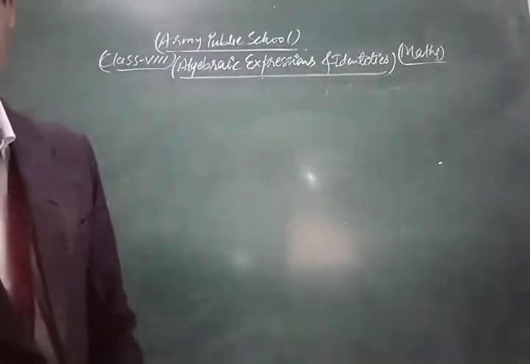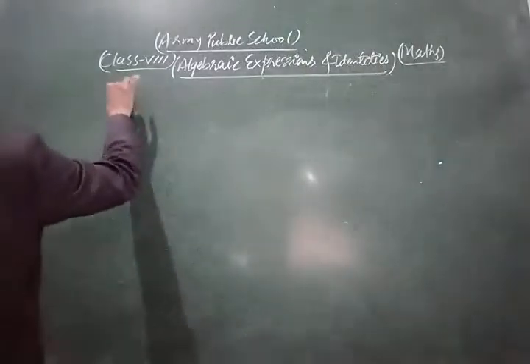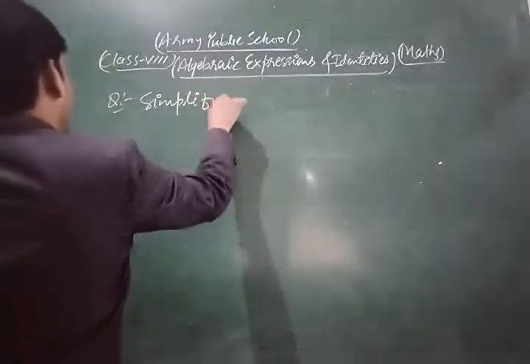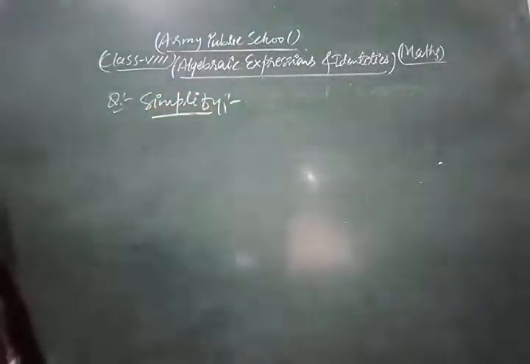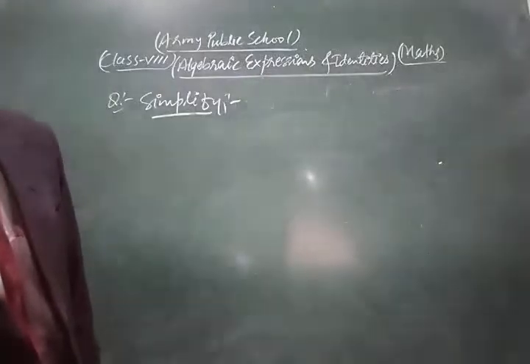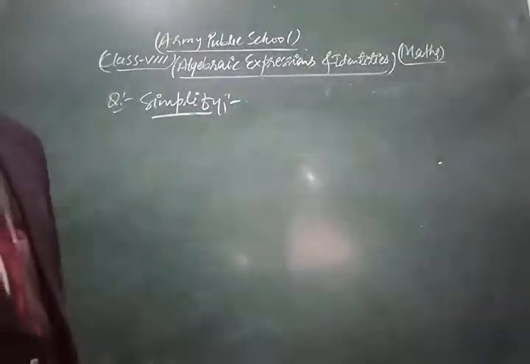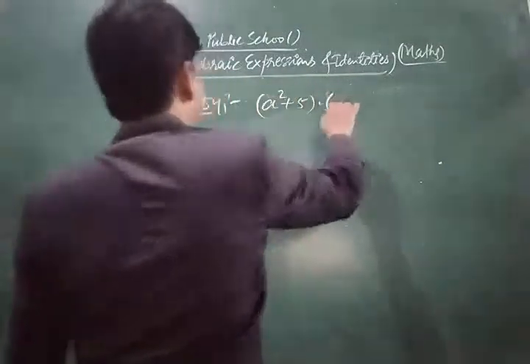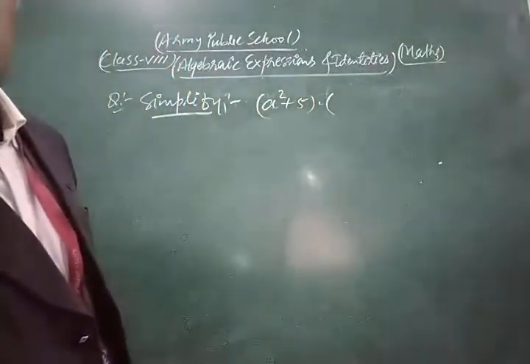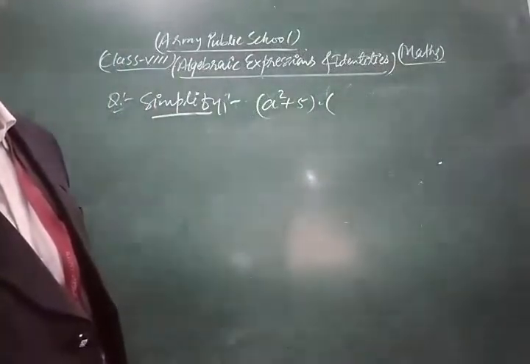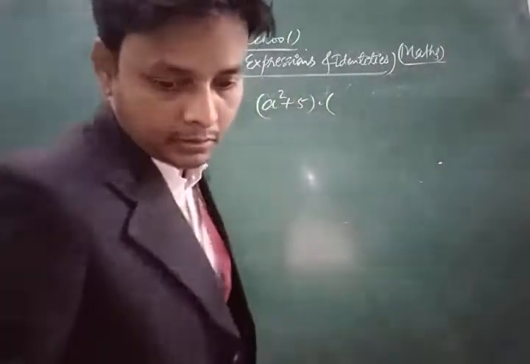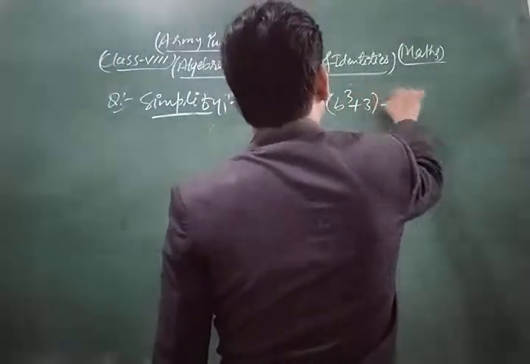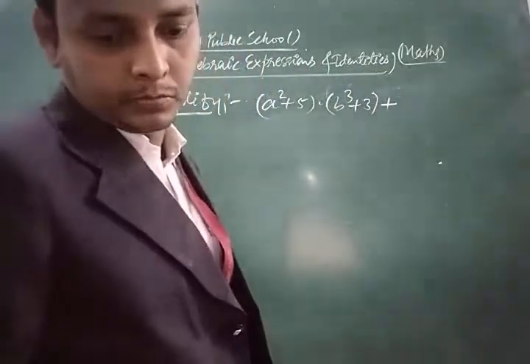And the question is: simplify a square plus 5 into b cube plus 3, plus 5.